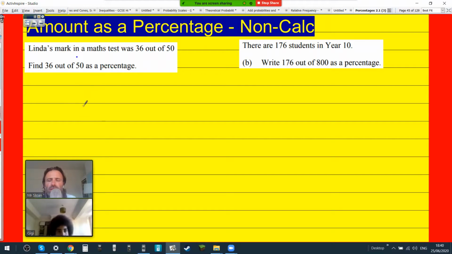Okay, let's try this one. This is a non-calculator. Any idea how you do this? It says non-calculator. Yeah. Okay.